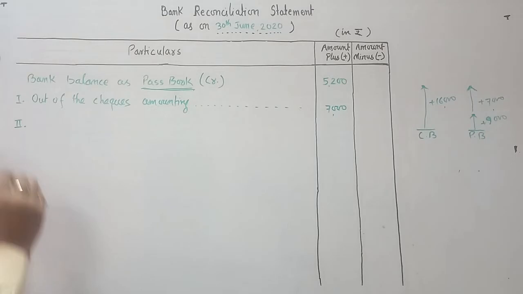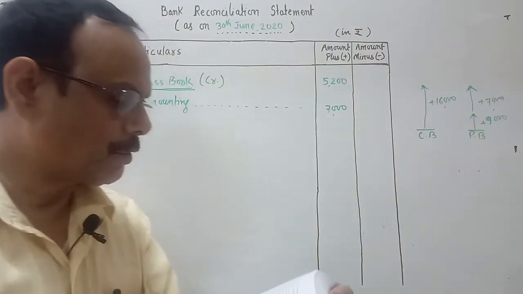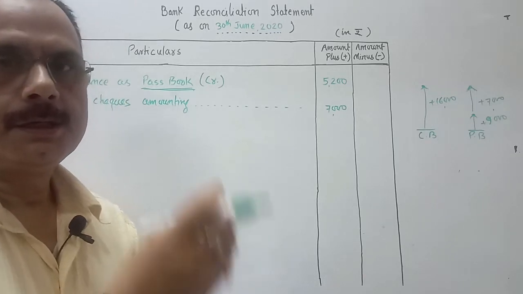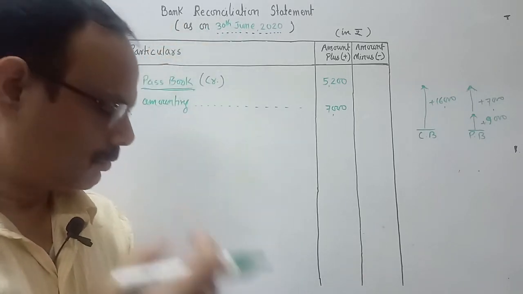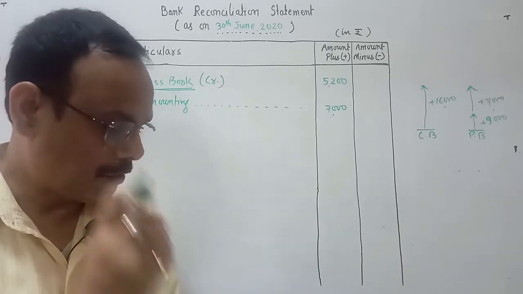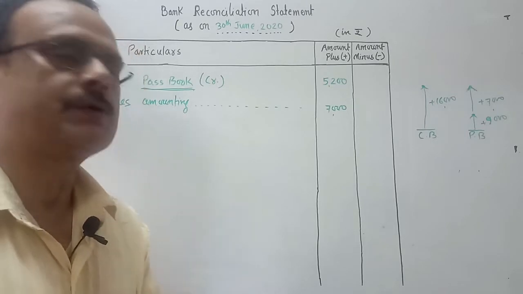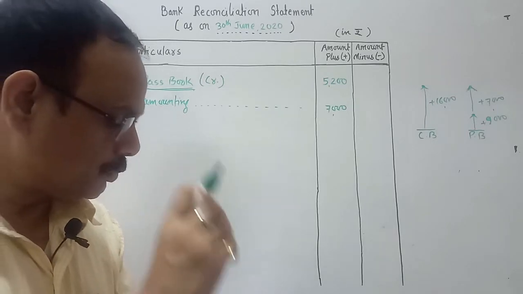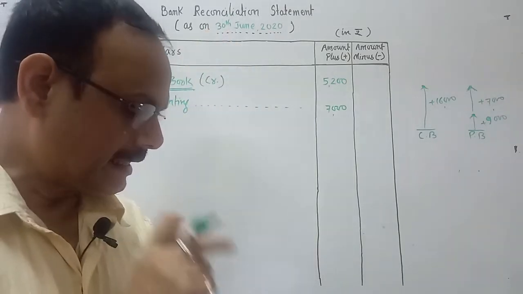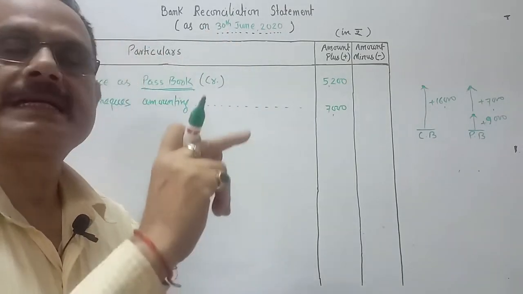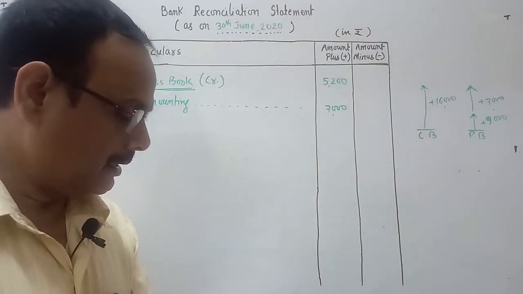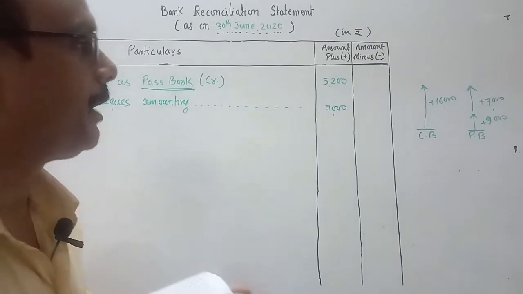Number 2 is what? Out of total checks amounting to rupees 45,000 drawn, drawn means issued, checks amounting to rupees 7,500 were presented in June 2020, means on or before this date, and checks amounting to rupees 18,000 were presented in July 2020, means after this date, and the rest have not been presented so far.